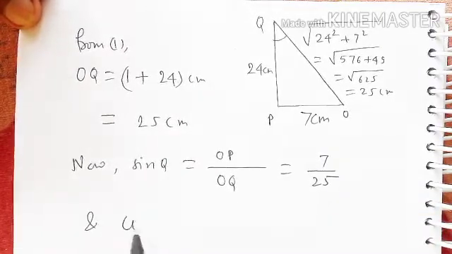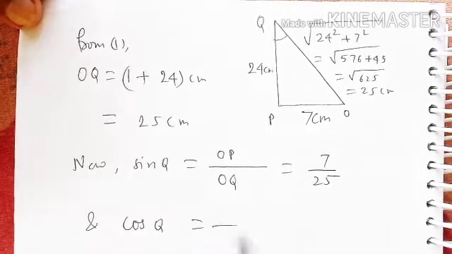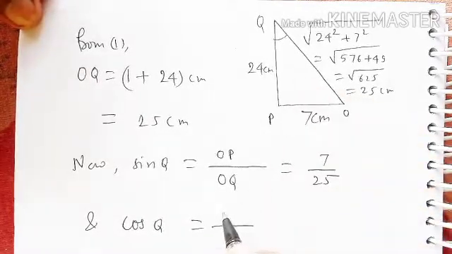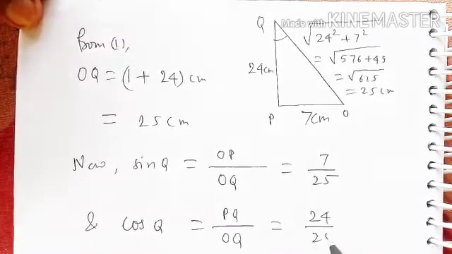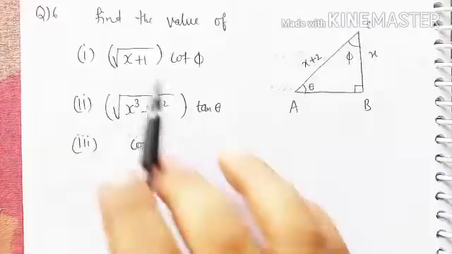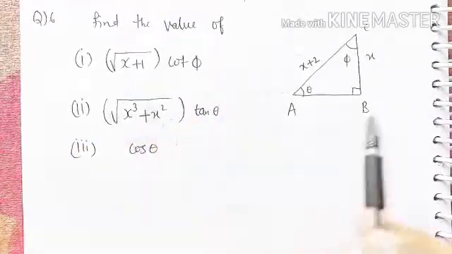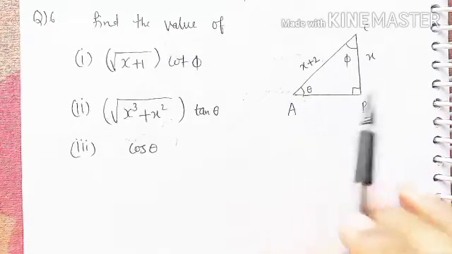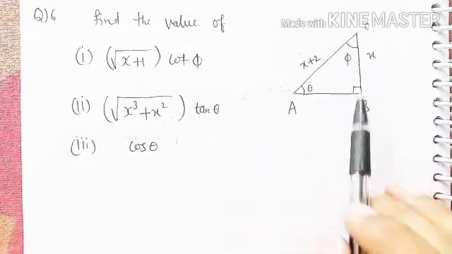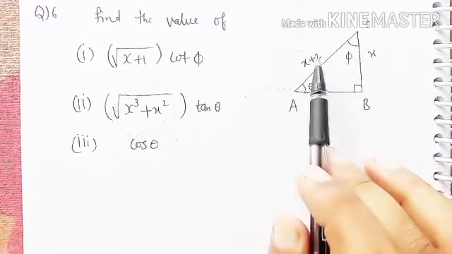And cos Q is base by hypotenuse. For Q, base is PQ. Hypotenuse is OQ. So 24 by 25. Now find the value. Here in triangle ABC, B is right angle, angle A is theta, angle C is phi, BC is x, AC is x plus 2.